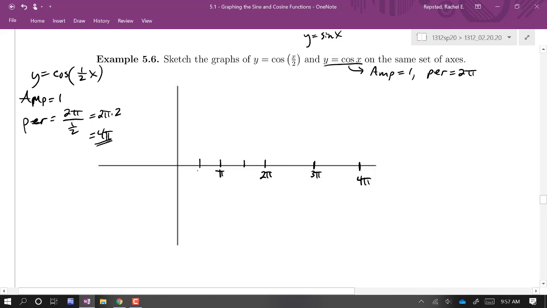So I'm going to have the pi over 2 and the 3 pi over 2. Maybe we'll graph cosine x first. The amplitude is 1 for both of them. And cosine is the one that starts at the peak. It's not a negative cosine, so it starts at the top value. And then it's 0 at pi over 2, at pi it's -1, and at 3 pi over 2 it's back to 0, and at 2 pi back at its peak.